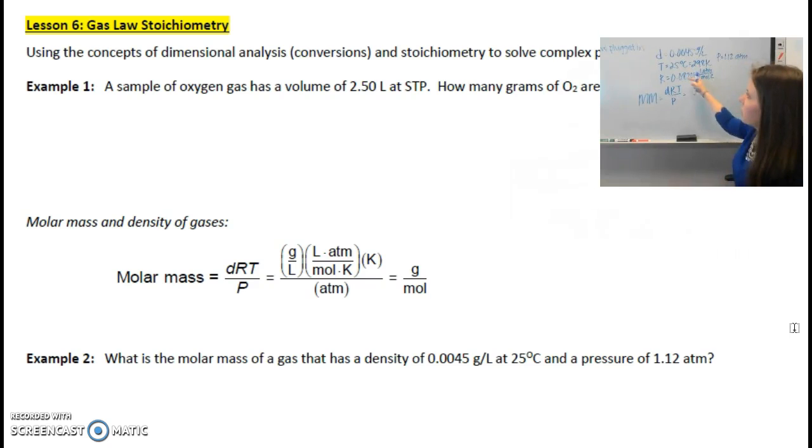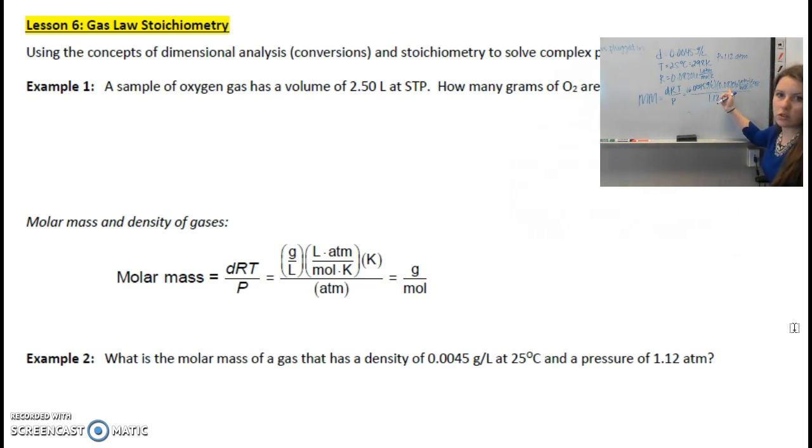At this point, everything's converted how I need it to, so I'm just going to start plugging in some numbers here. On the top, density is 0.0045.